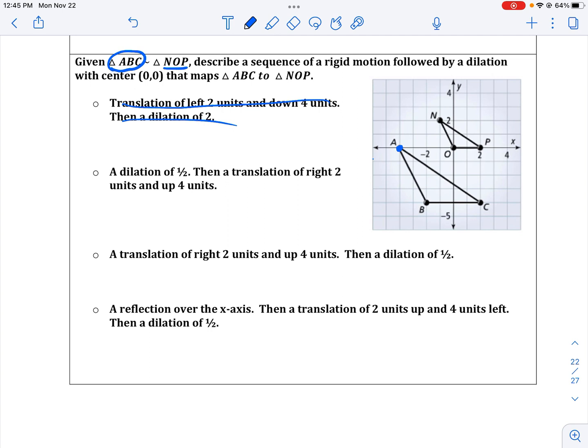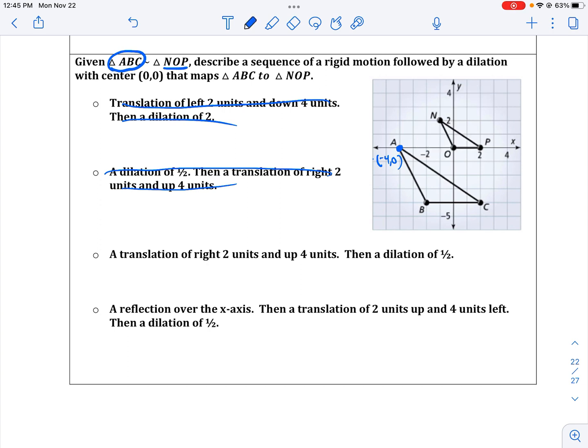So first it says take a dilation of 1/2, which puts me at -20. Then I go to the right 2 units, and then up 4 units, and that puts me right there. Well, I should say A prime, which is not on N, so this is also not the correct one.